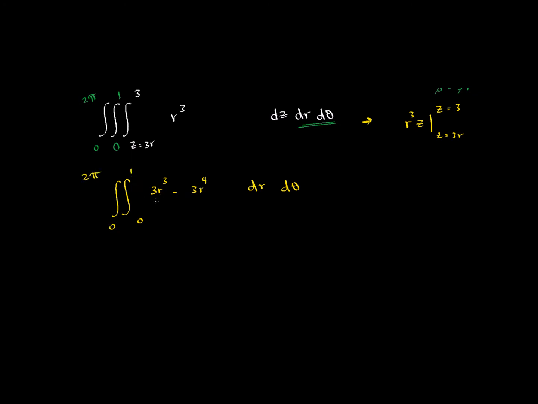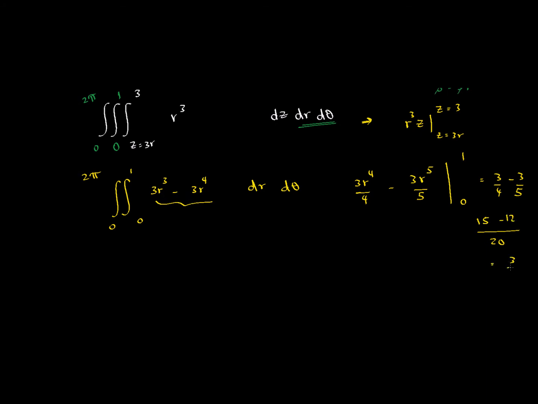Now we integrate this with respect to r, so we get 3r to the power 4 divided by 4 minus 3r to the power of 5 divided by 5. It's going to be evaluated from 0 to 1, which is going to give us 3 over 4 minus 3 over 5. It's going to be 20. It's 15 minus 12.